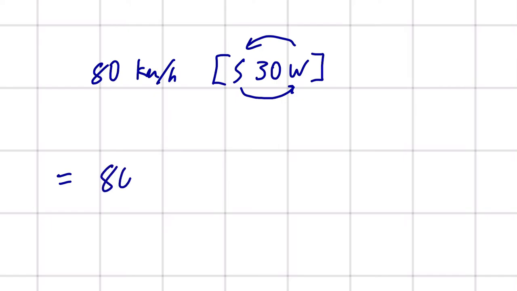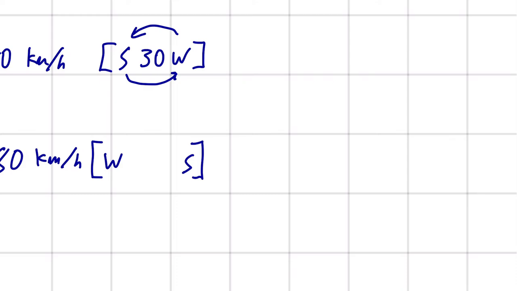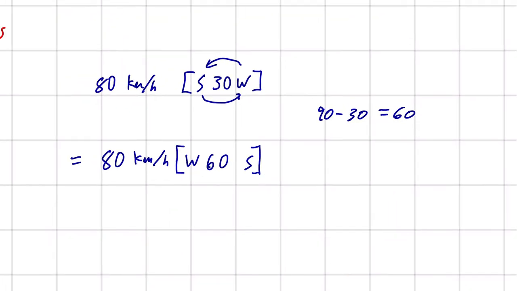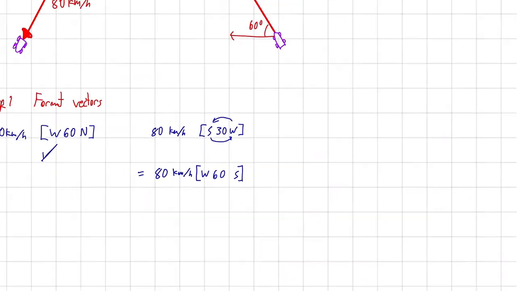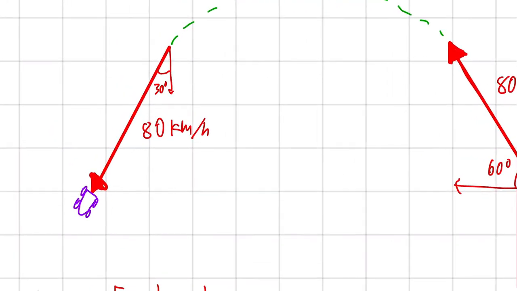So as an equivalent vector, we have to rewrite this as 80 kilometers per hour with west and south. And what does our angle change to? Well, it's 90 minus 30 is equal to 60. So west, 60 south.